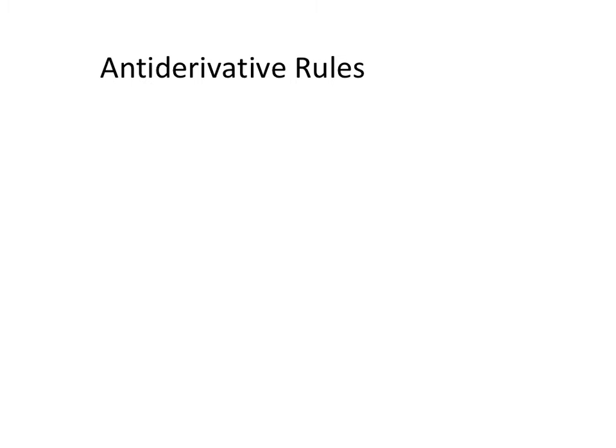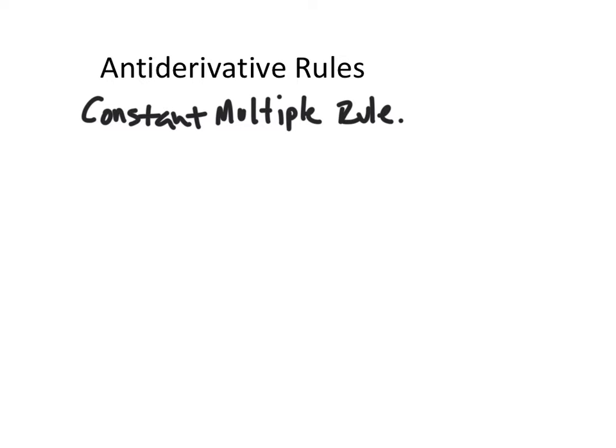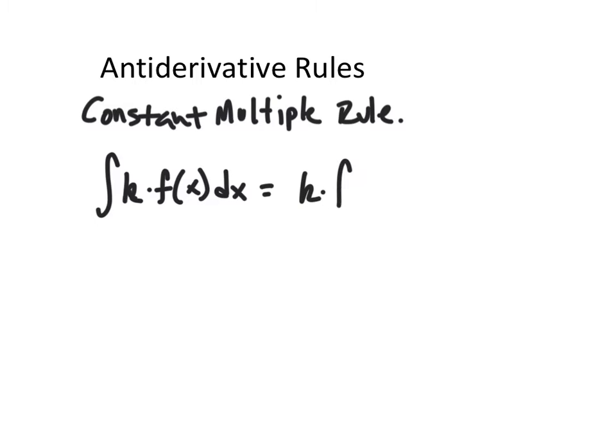The first one, one of the more important ones, is the constant multiple rule. That's the rule that if you take the antiderivative of some constant k times a function f of x dx, then we can pull that constant out front and multiply it by the integral.